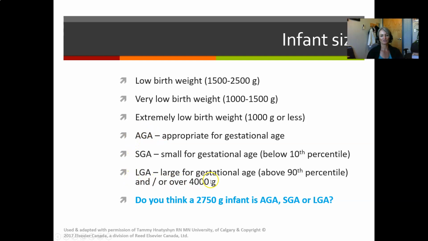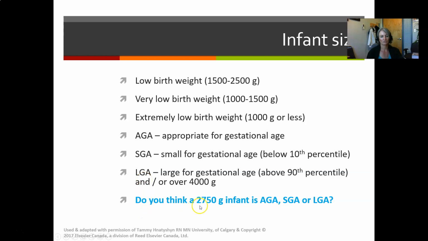We went over this with our newborn assessment lab in our skill review day and in that first newborn assessment guide from September 8th. You would have had the graph where you could look at where they are. Are they between the 10th and the 90th percentile, which would be appropriate for gestational age, or are they below the 10th, which is small for gestational age, or are they above the 90th? That's large for gestational age.